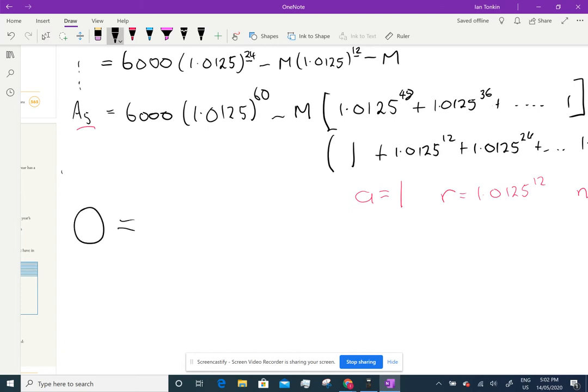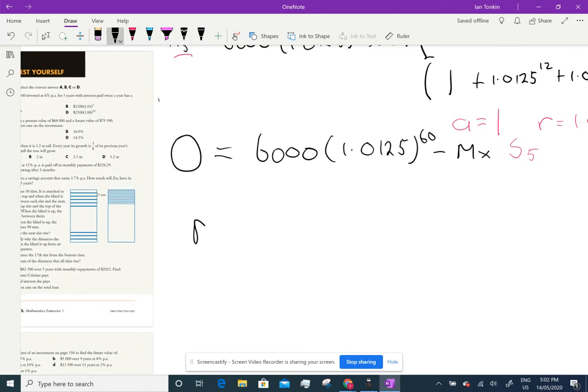Right, now we're set, because we've got 0. That's how much you're going to owe when you've paid it off. 6,000 times 1.0125 to the 60 minus m times s of 5.